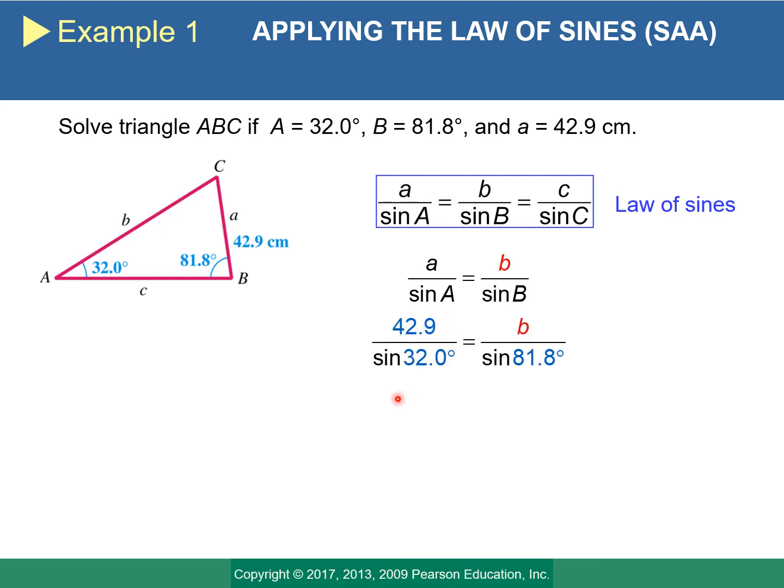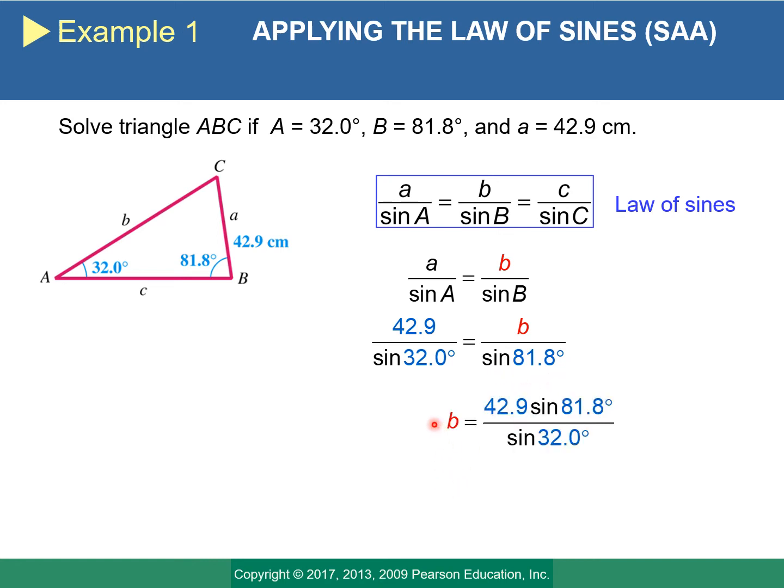Okay, so you fill in what you know based on what was given. We knew what little a was, 42.9. We knew what capital A was, 32. We also knew what capital B was. And now this is just a proportion, or this equation, and you solve for what you're looking for, in this case b. So if you want, you can try to pause it and solve for b. Basically, you're isolating b, so multiply everything by sine 81.8.